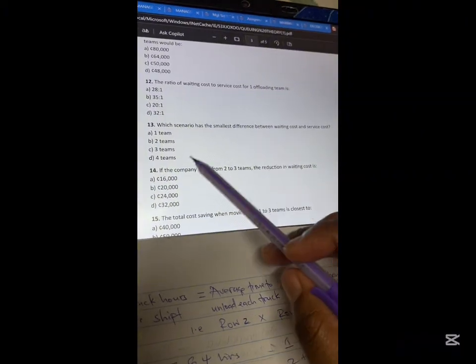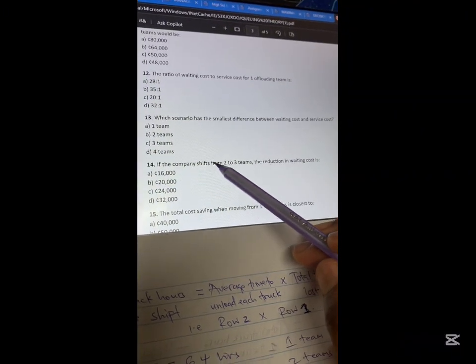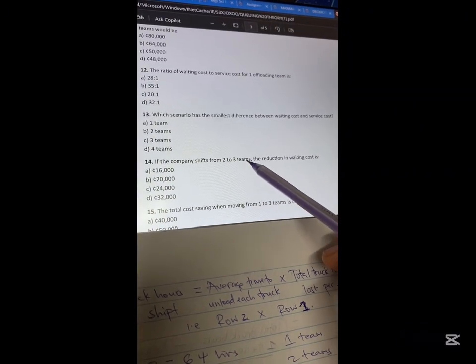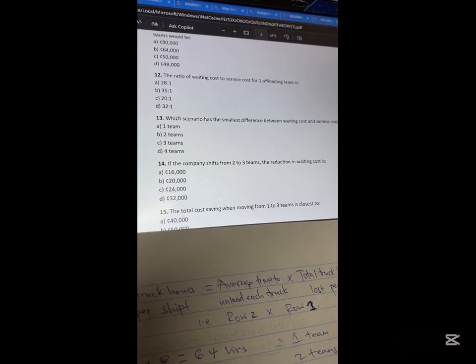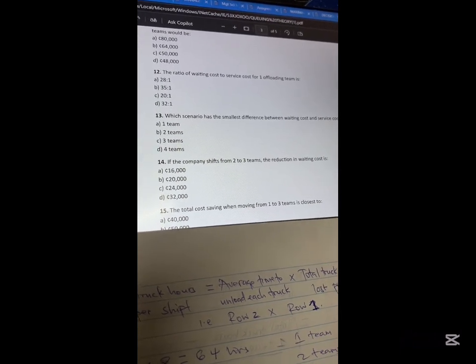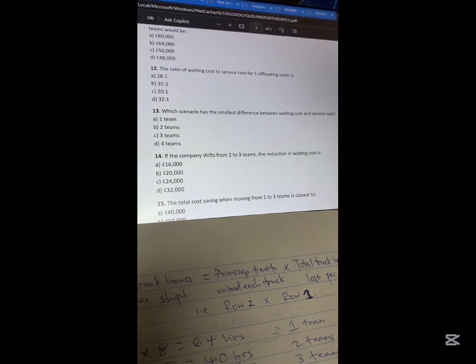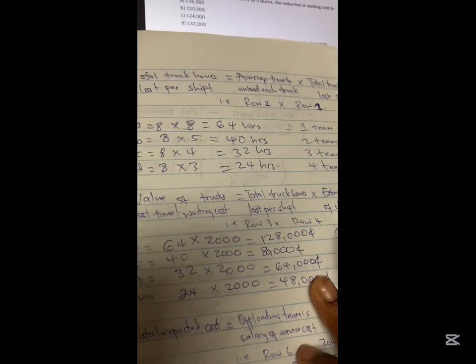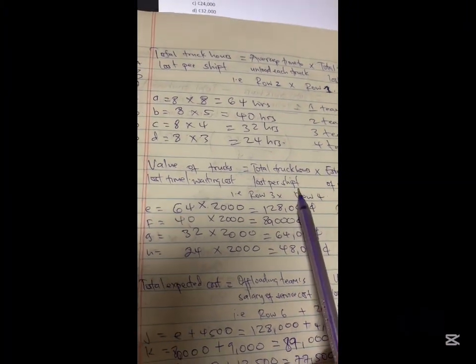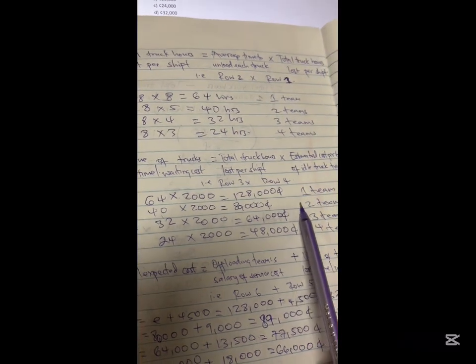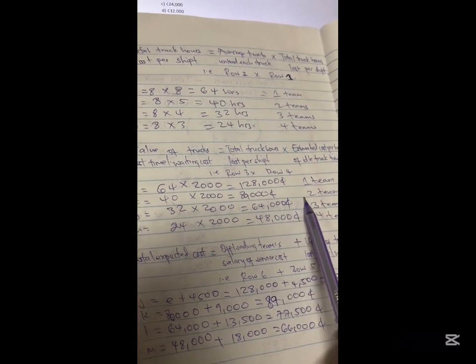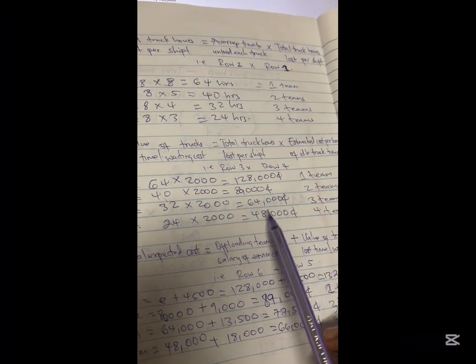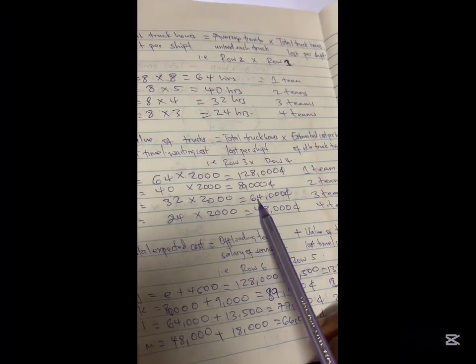Question 14 says, if the company shifts from 2 to 3 teams, the reduction in waiting cost is. So we are looking for the reduction of waiting cost if the company starts using 3 teams from using 2 teams. When the company was using team 2, the waiting cost was 80,000, but when it went to use team 3, the waiting cost was 64,000.